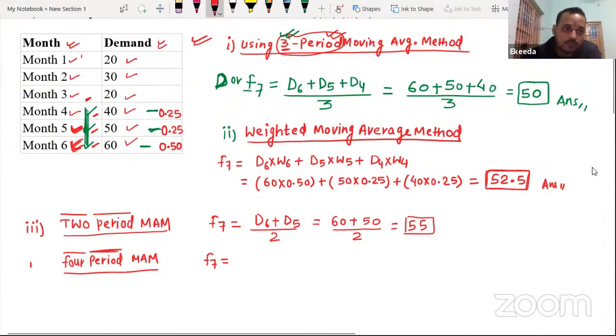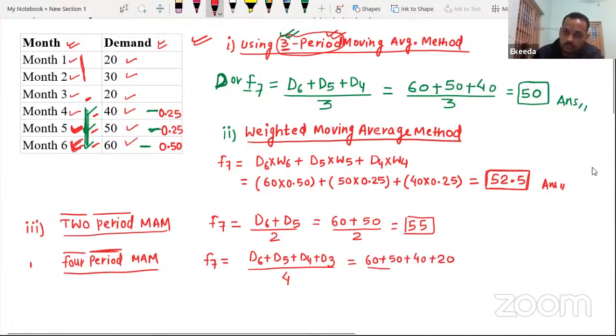We remove the first and second. So d6 plus d5 plus d4 plus d3 divided by 4, so it is 60 plus 50 plus 40 plus 20 divided by 4. The answer you will get is 42.5 metric tons.